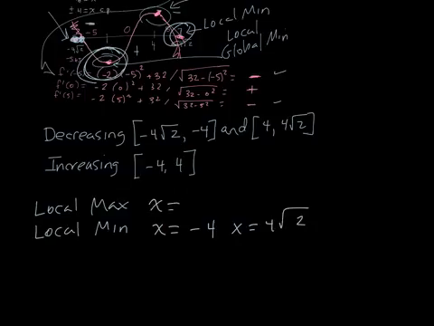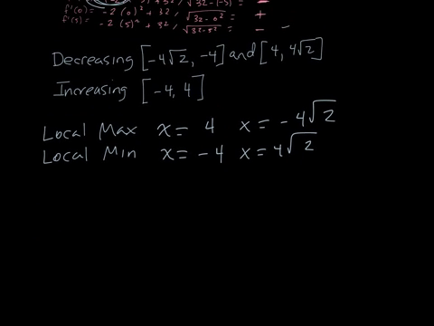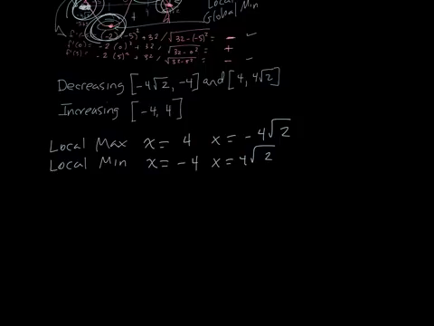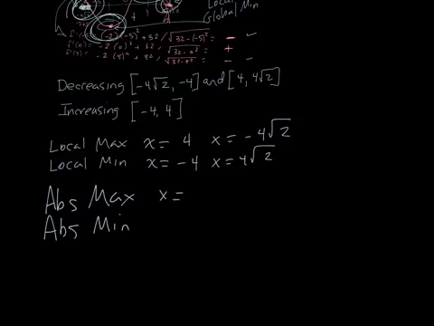And my local max would be that one way up there at 4, and then a local max right there at x equals -4 square roots of 2. And then finally, the absolute max and absolute min for the entire function would be the highest point and the lowest point. This absolute max would be at x equals 4, and my absolute min would be at x equals -4.